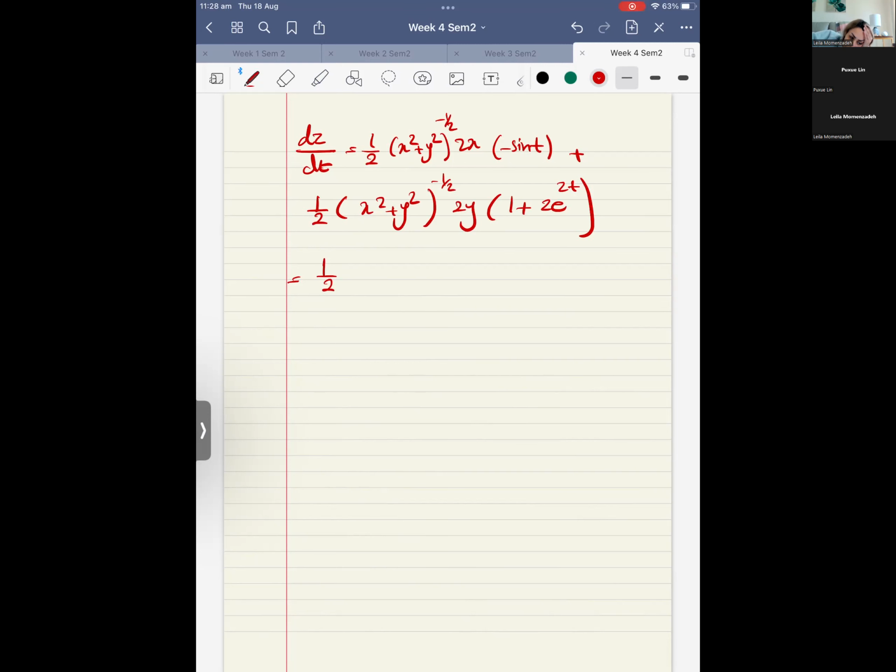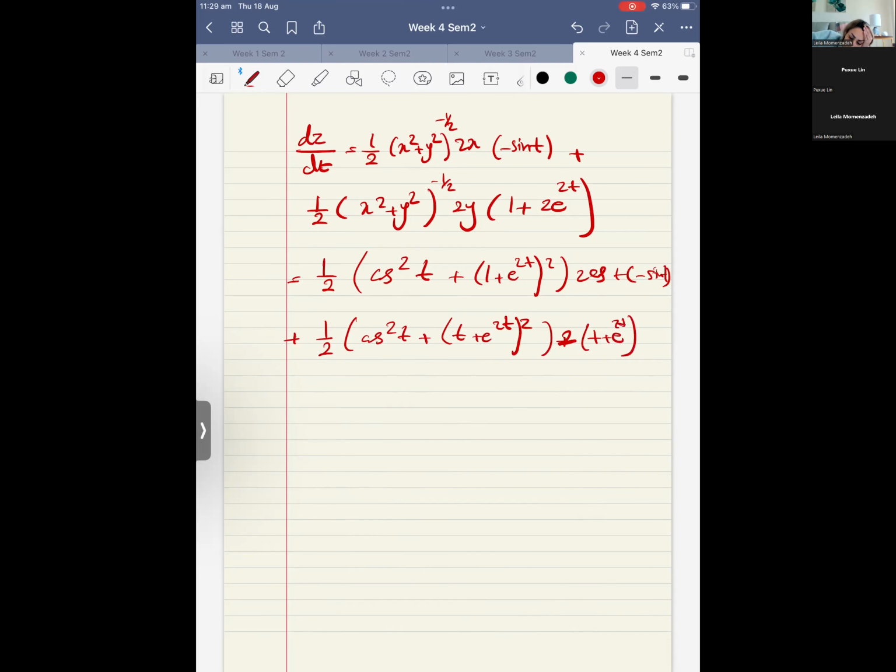You can factorize 1/2 times (cosine² t plus (t plus e^(2t))²)^(-1/2) times (2 cosine t times minus sine t plus 2(t plus e^(2t)) times (1 plus 2e^(2t))).